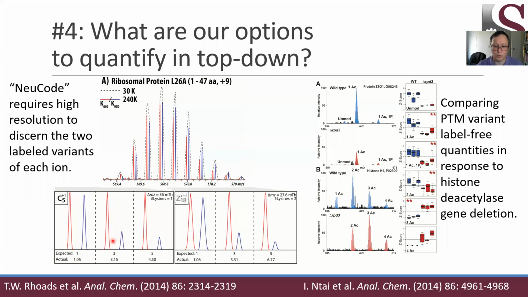Here we had a 3-to-1 mixture of red to blue. Here we see that the empirical measurement was a ratio of 3.15. They did a mixture of 5-to-1. The more extreme the measurement, the harder it is to get that right. And their Nucode was able to produce a ratio of 4.5. I think that's a pretty strong testament.